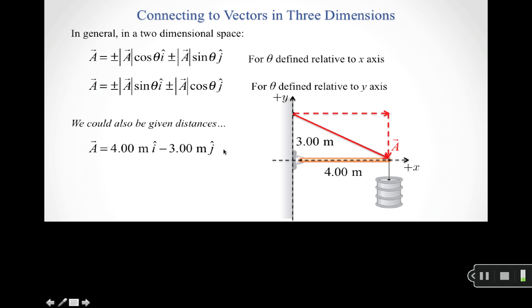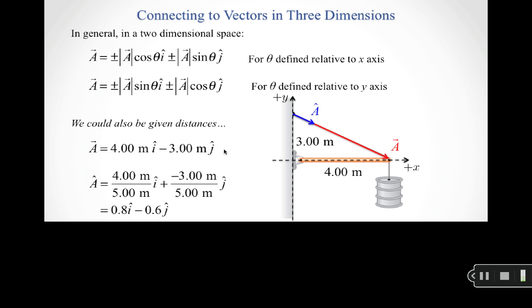Notice that's exactly the same vector we got before using the length of the cable and the angle. Now if I want to create my unit vector again, I know the process for doing that is to take vector A and divide each component by the magnitude. And sure enough, 4 divided by 5 is 0.8, so that's my x component for the unit vector. Negative 3 divided by 5 is negative 0.6, that's my y component for the unit vector. So again, I get the same answer.